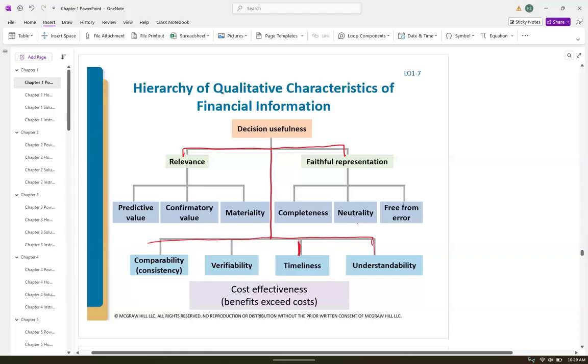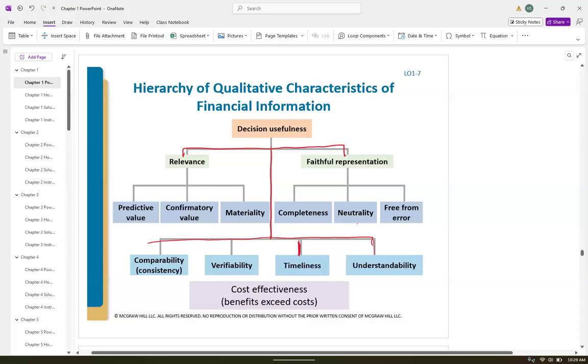Verifiability. You see how some of these are kind of going with each other in this conceptual framework. So verifiability, can we verify there's $1 million in that checking account? Can we verify that that customer actually really does owe our business $1 million? Okay. Then we have comparability. Okay. Comparability means that we can compare across different periods, one period from another.